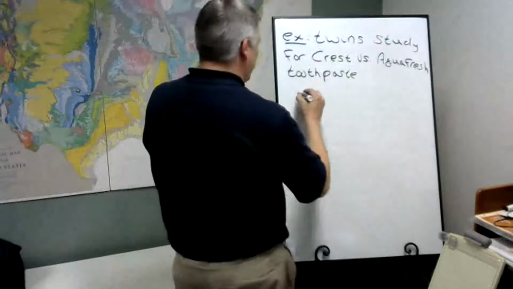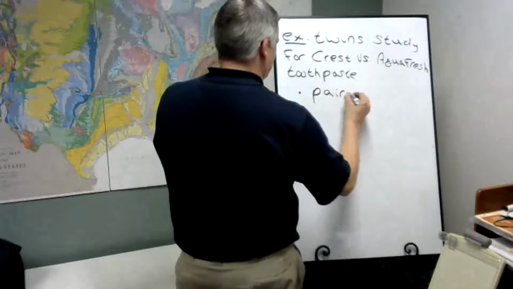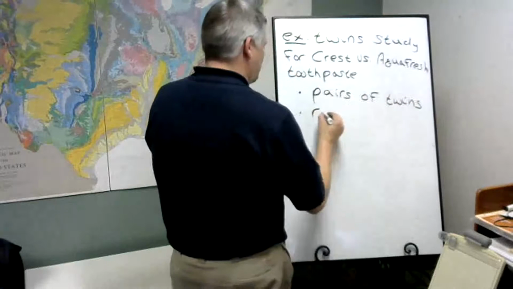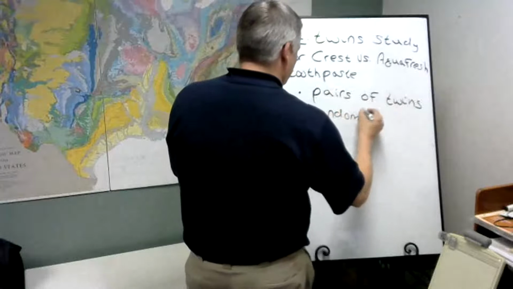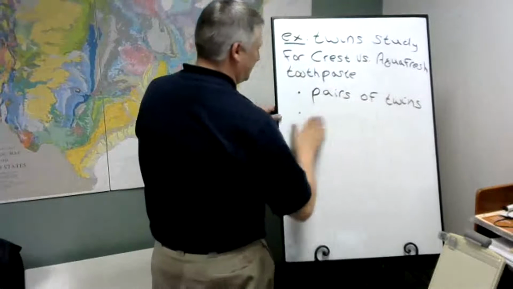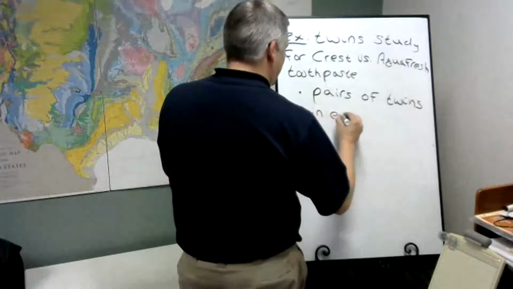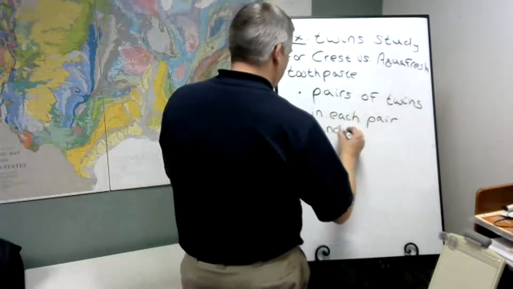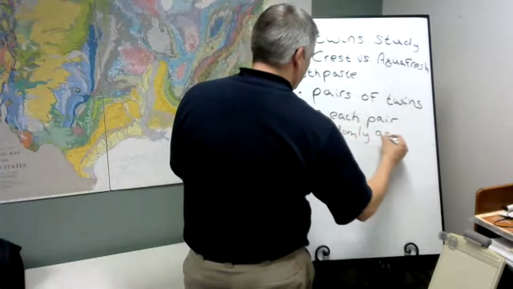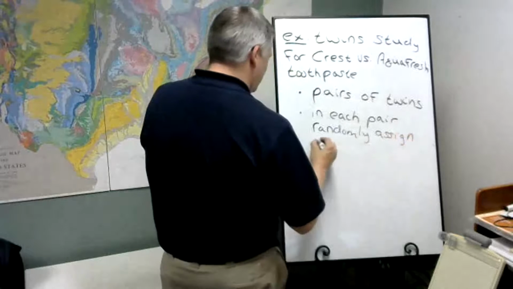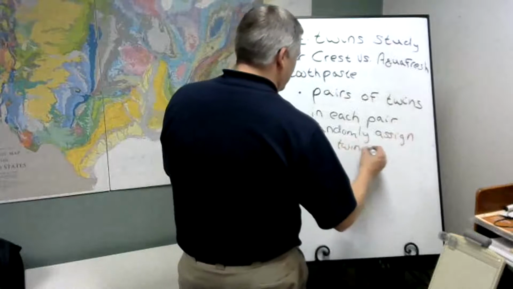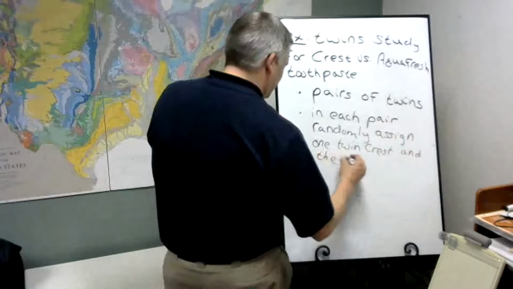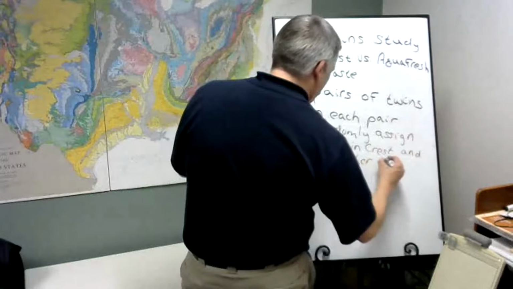So what we might have are pairs of twins. We randomly, or let me be a little more specific, in each pair, randomly assign one twin Crest and the other Aquafresh.